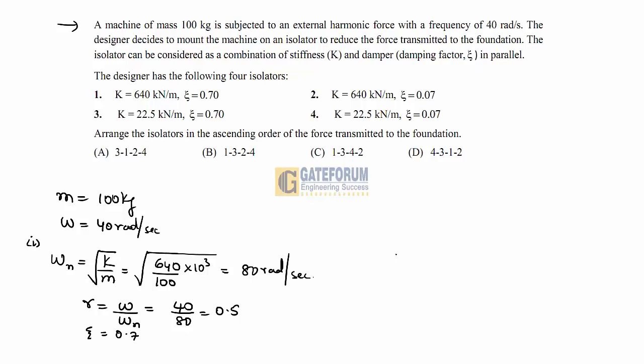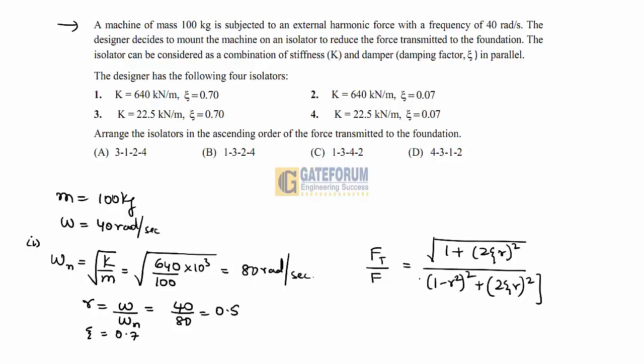So the transmissibility ratio, that is Ft by F, is equal to root over 1 plus 2 times zeta into r whole square, divided by 1 minus r square whole square plus 2 times zeta r whole square, raised to the power of 0.5 or under root. That is Ft by F, or the transmissibility ratio epsilon.